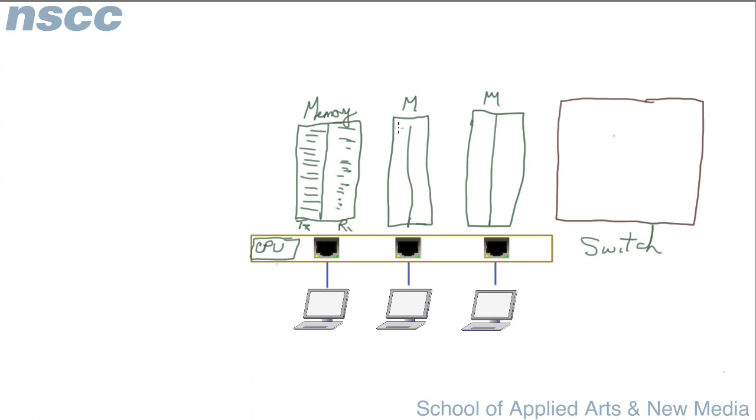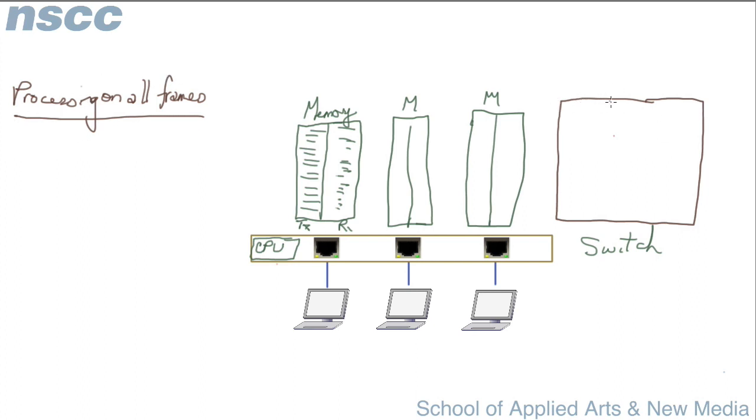But what was different about a switch was that a switch actually did some processing on all the frames that passed through it. So rather than just simply electrically regenerate the signals, it actually looked at all the frames.